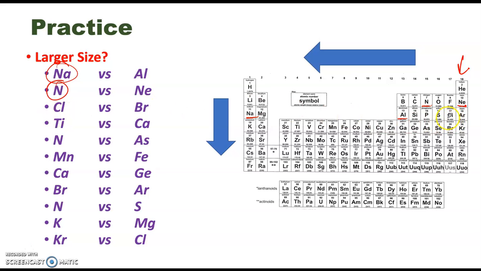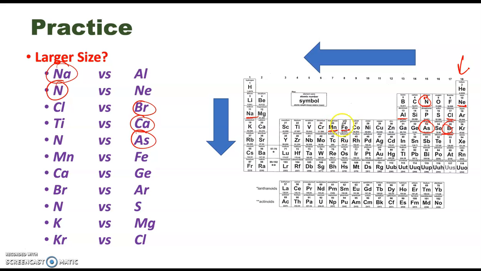Chlorine, bromine. They get bigger going down because bromine has an extra energy level. Titanium and calcium. Calcium's here. Titanium is further to the left of calcium. Nitrogen and arsenic. Arsenic is going to have more energy levels. It's going to be bigger. Manganese and iron.